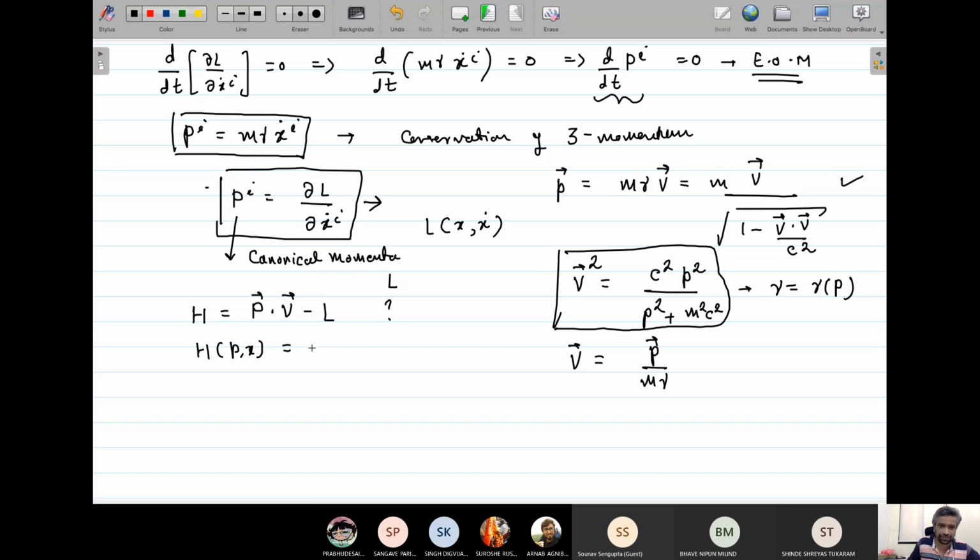Substitute that here and show that this is equal to the square root of p square c square plus m square c to the power 4. It is a simple exercise, that's why I'm not doing it. Clear? So this matches with our definition of energy.